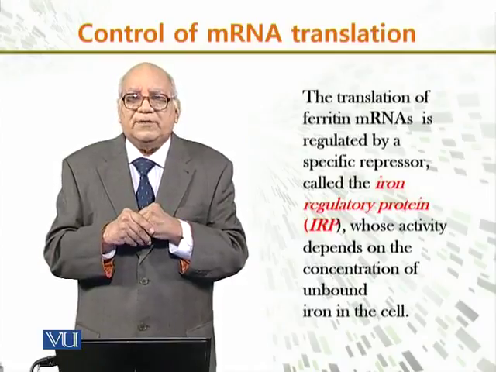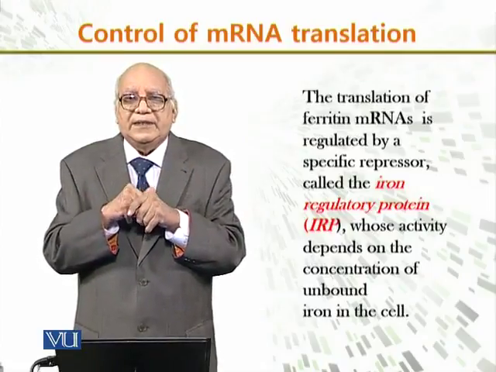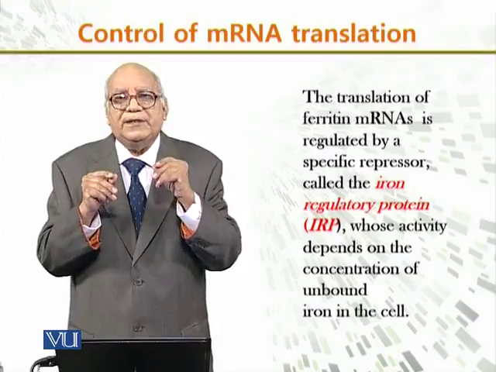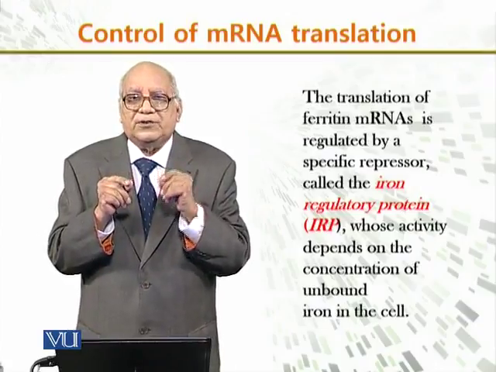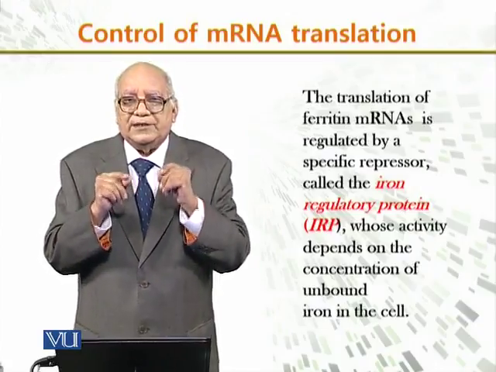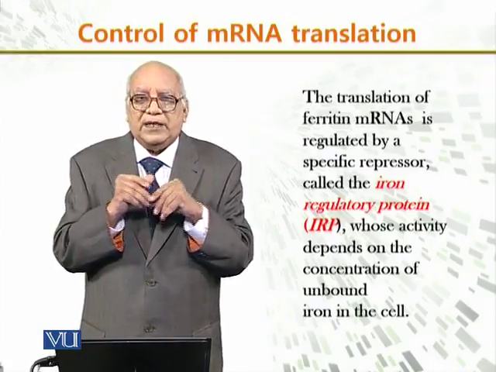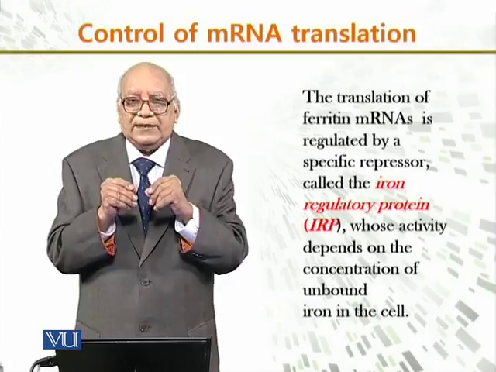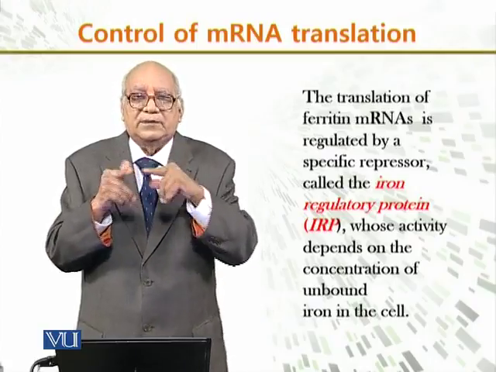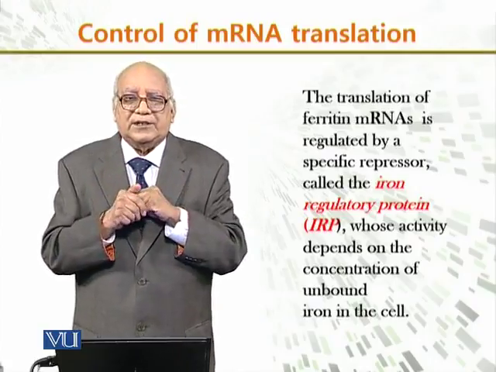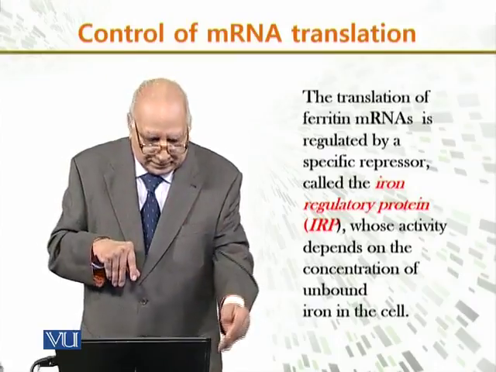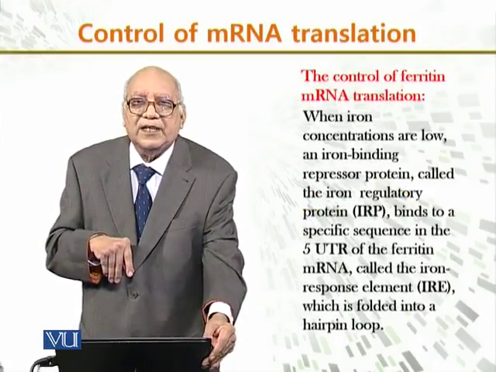The translation of ferritin messenger RNA is regulated by a specific repressor called the iron regulatory protein, IRP, whose activity depends on the concentration of iron in the cells.